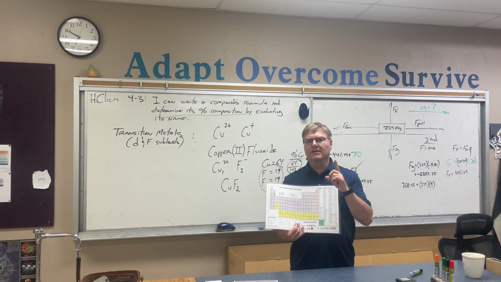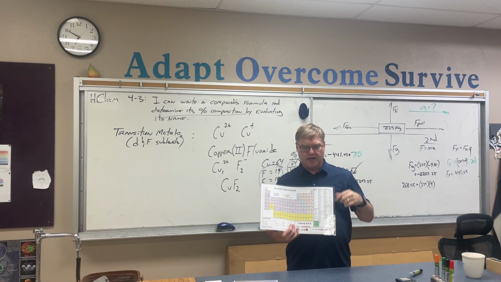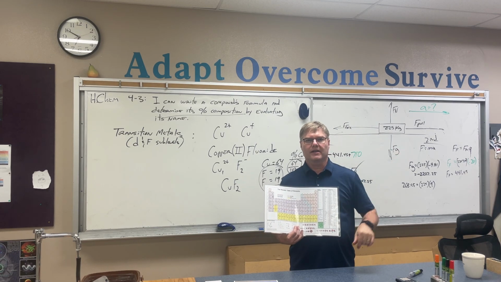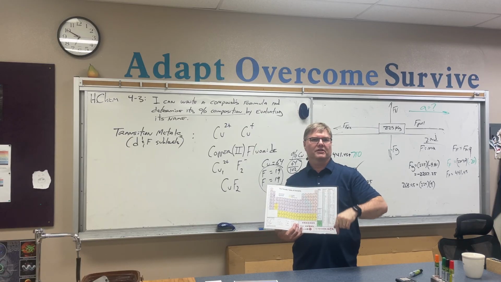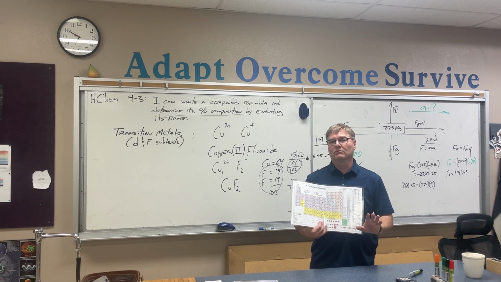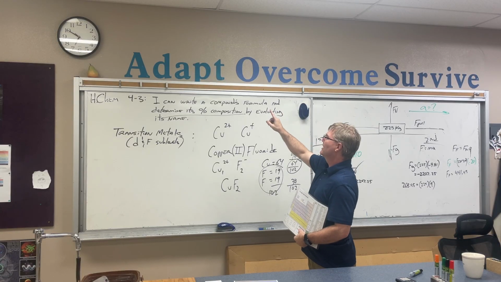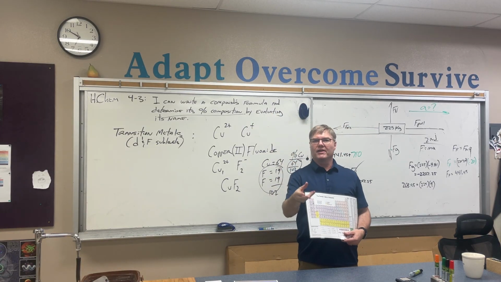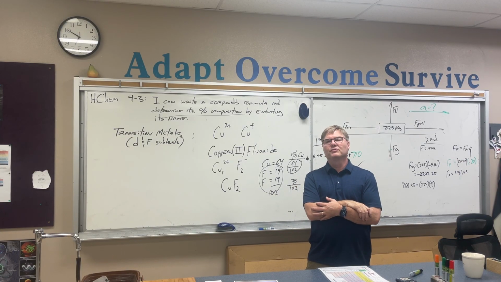I should be able to randomly pick a positive ion, write the name for that, randomly pick a negative ion, write the name for that, and then have you decode it into a chemical formula and give me a percentage composition. That's the target. The target says I can write a compound's formula and determine its percentage composition by evaluating its name, and you have done that for ionic compounds. Now we still got to do covalent compounds, but we'll do that when I come back.